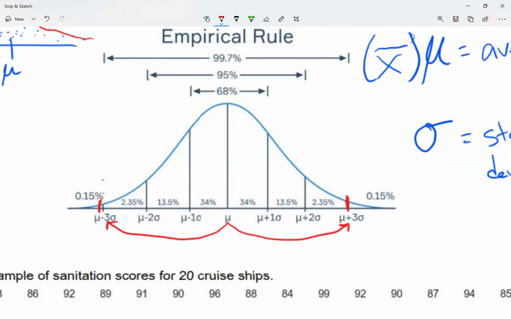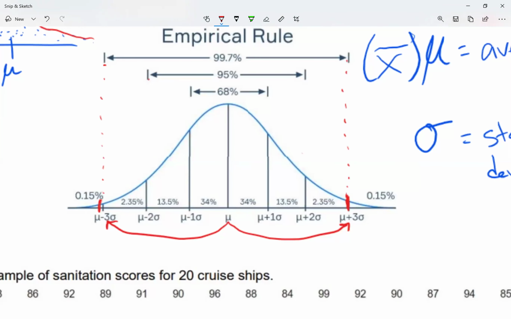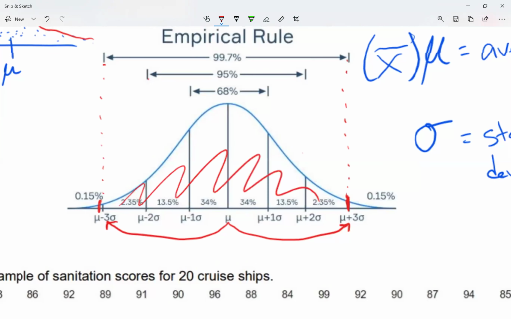The empirical rule says this area is going to have about 99.7% of our data. 99.7% of our data is going to be in there. And you guys can see he broke it down into regions: 2.35, 13.5, 34, 34, 13.5, and 2.35. If you add those numbers, it should add up to 99.7.